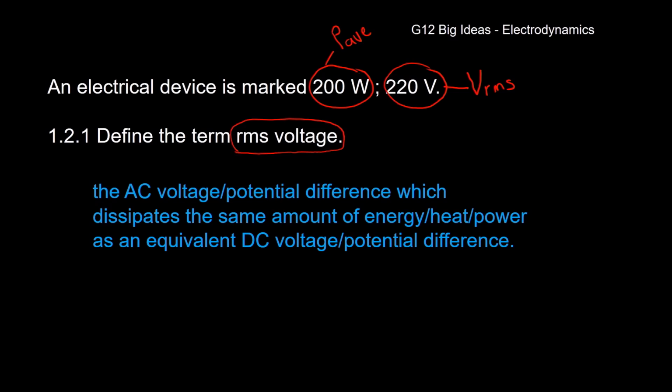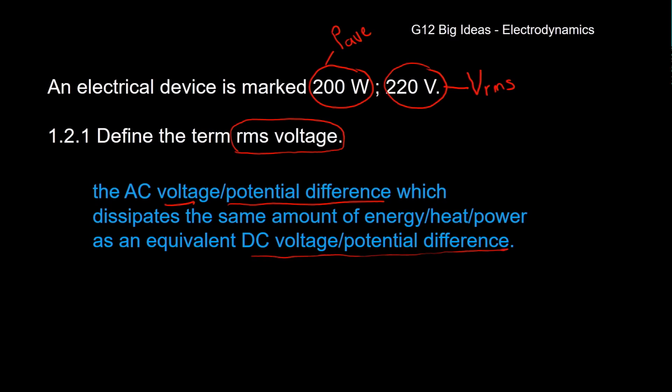So this is something that you would need to learn off by heart. And so let's look at this answer. The AC voltage, you can either use the word voltage or the word potential difference, which dissipates the same amount of energy or heat or power as an equivalent DC voltage or potential difference. So it's an average.